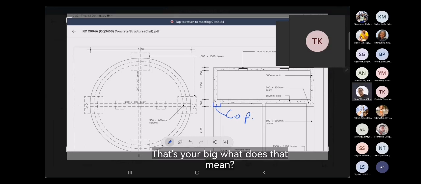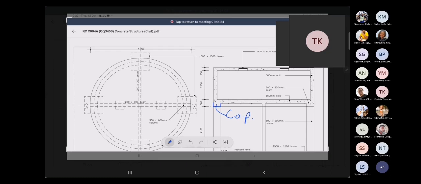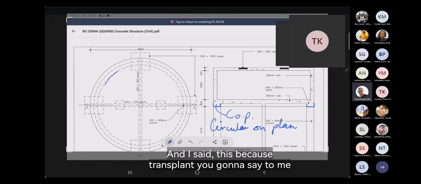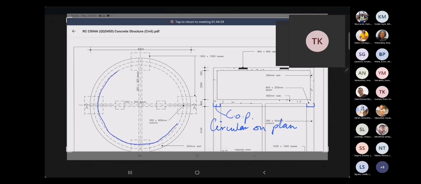my COP. What does that mean? Yes. So that is my beam circular plan. Right? And that's the beam circular plan. You guys said to me, that's it. Okay?